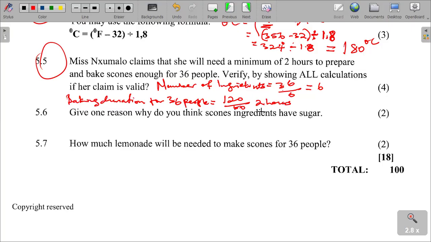So what are we saying? The statement is valid.